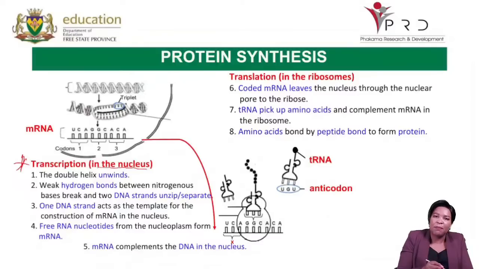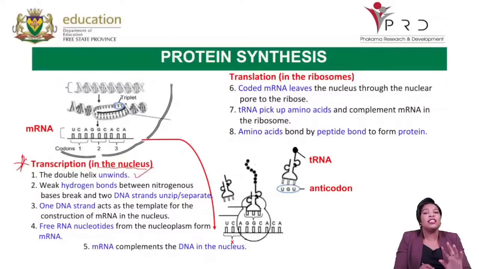Like with DNA replication, you are going to start by saying the double helix unwinds. Although this is a different process, it starts the same because you cannot copy a code if the double helix of the DNA molecule is still wound up. So it needs to unwind and open and expose the code that needs to be copied.